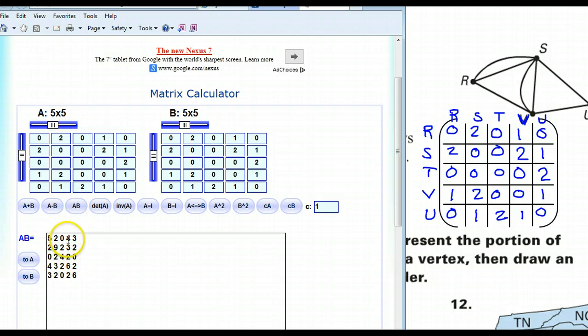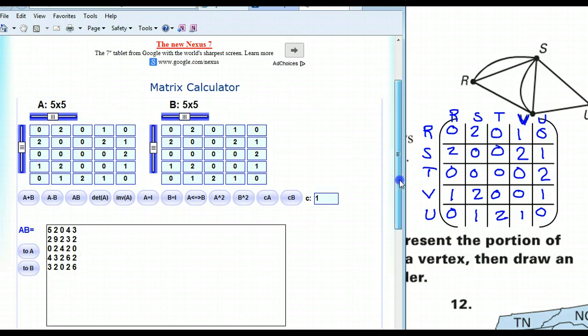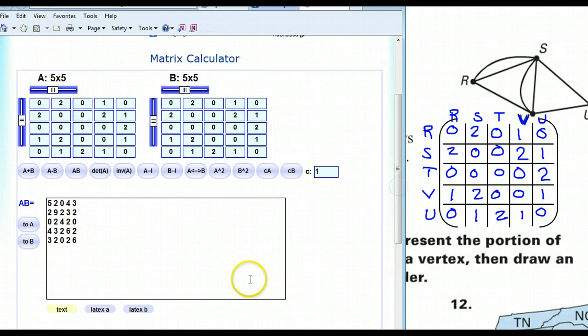They're telling us that the result is going to be this matrix, which should be a 5 by 5. Yep. So this is our solution matrix right here. All we have to do is recopy it.